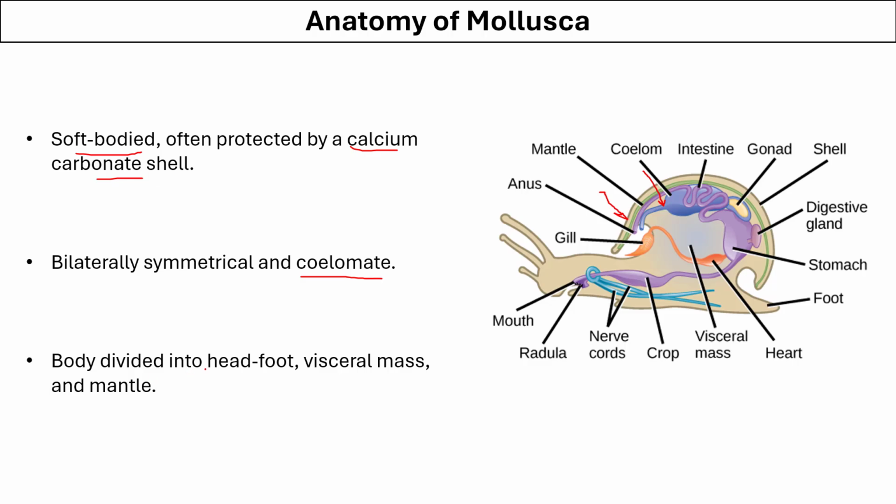They have different segments in their body, including head and foot. The foot helps in adhering to the substrate or the surface they are sitting on. Then the visceral mass is enclosed in the shell because it needs to be protected, and the outer layer is called the mantle, which covers most of the viscera.